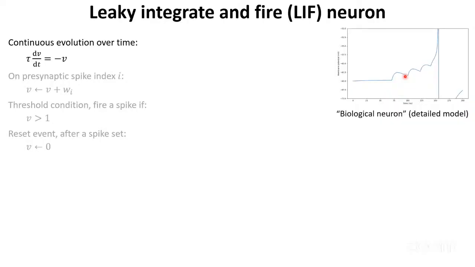Leaky integrate and fire neuron basically continuously evolves over time, and it has an equation where the membrane potential with respect to time is proportional to negative of V, which is the membrane potential. It has only one solution, which is basically V(t) equals V naught exponential minus t by tau.